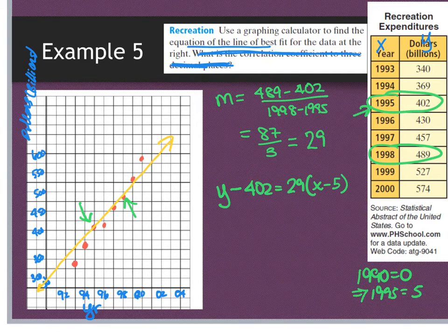If I continue, I end up with y minus 402 equals 29x minus 145. In order to simplify this, I'm going to add 402 to both sides, and I end up with y equals 29x plus 257.